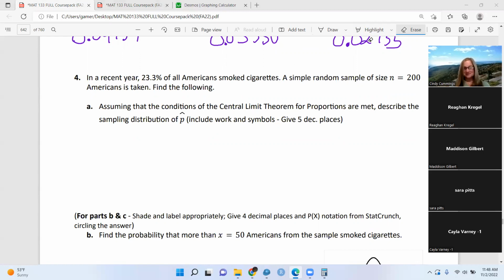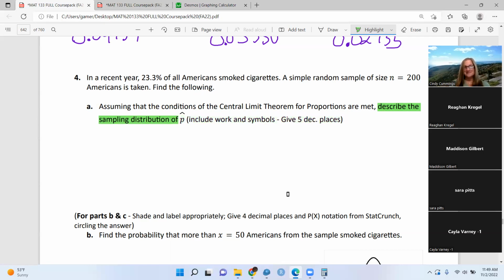Actually, let me change my question here. What are you being asked to do in 4A? What's the question, or what is the answer to this? Reagan, I hate to lean on you so much, so I'm going to go ahead and underline it because you've been the main answerer here, and I don't want you to feel all the pressure.